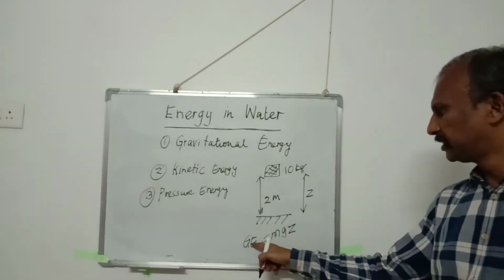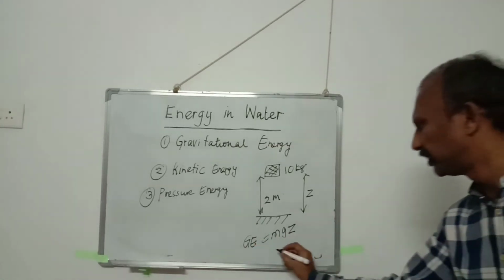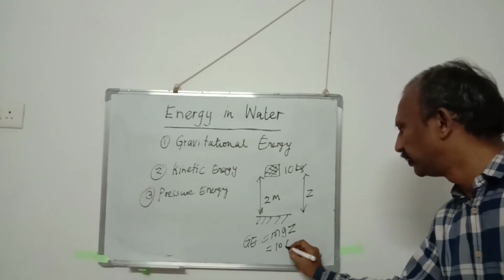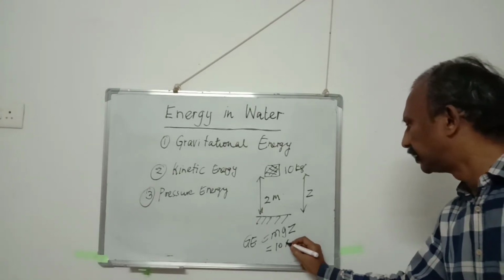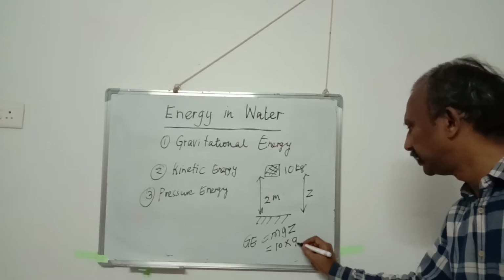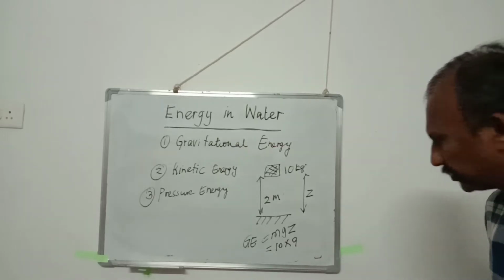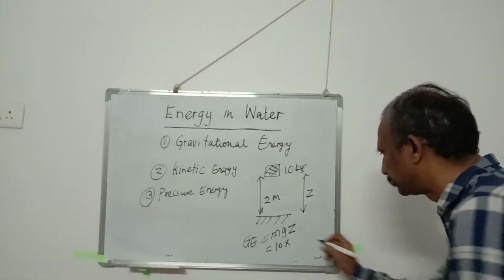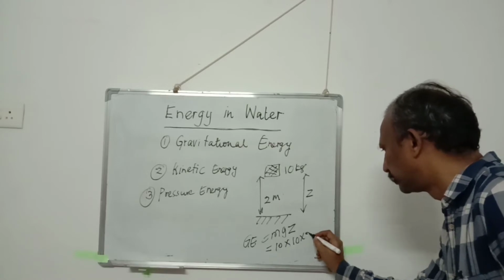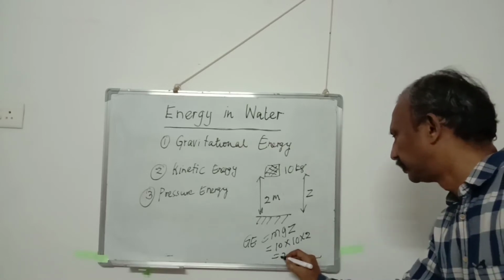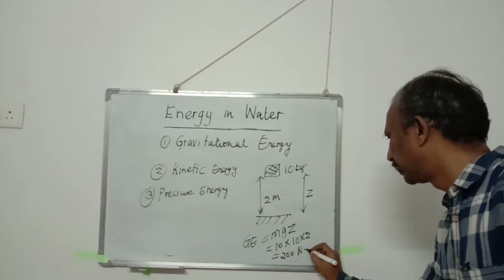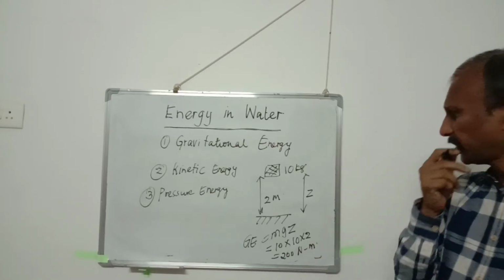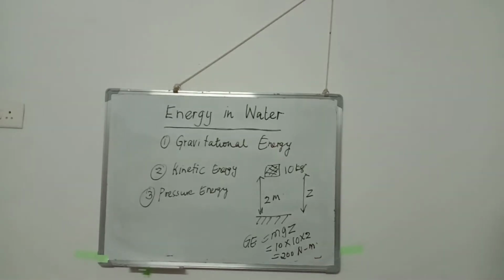So gravitational energy is equal to mgz, and that is equal to 10 into g, which is also 10, into 2. So 200 Newton meter of gravitational energy.